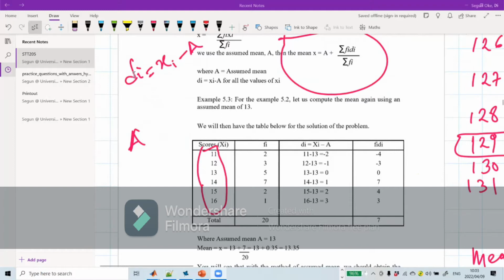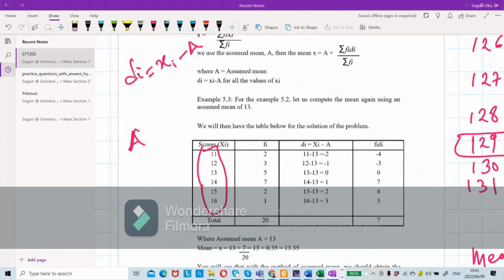So what you need to do is pick any value from here. Pick any value, then use it to find di. You remember in this question, they picked 13.